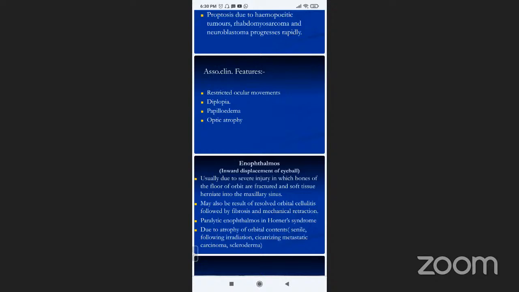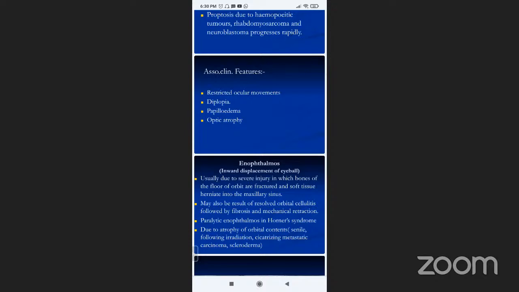I have told earlier that when there is a fracture of the floor of the orbit, the orbital contents get herniated into the maxillary sinus. So, there is a loss of orbital volume. Then the eyeball can fall backwards. That leads to inward displacement of the eyeball, known as enophthalmos.